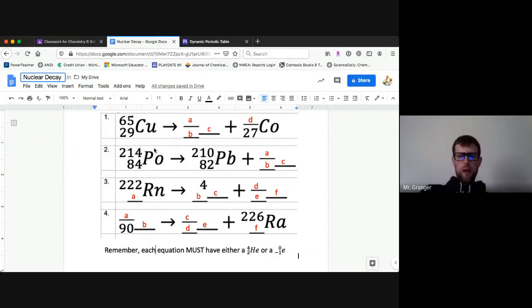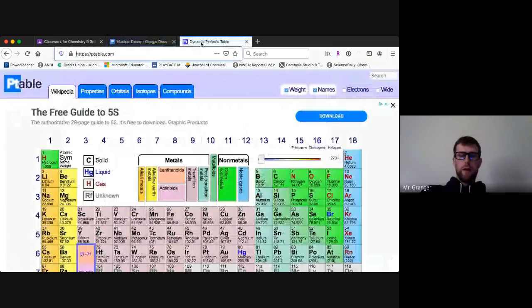And if we look at the atomic number, which is the bottom number here on copper, you can see that copper is atomic number 29. We can also jump over to the periodic table here and verify that copper is atomic number 29.